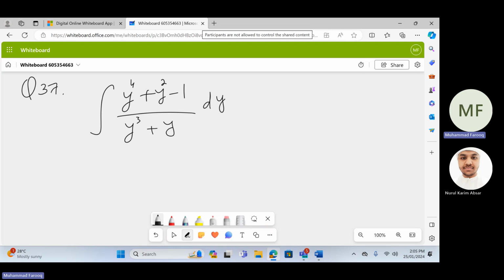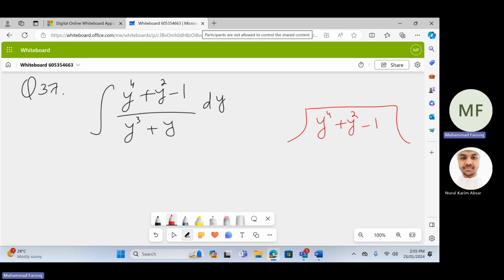Yes, from down you can take, but I take common. So start now, take the down, factorize the denominator, understand? No, you cannot, please. It is not proper, it's improper.